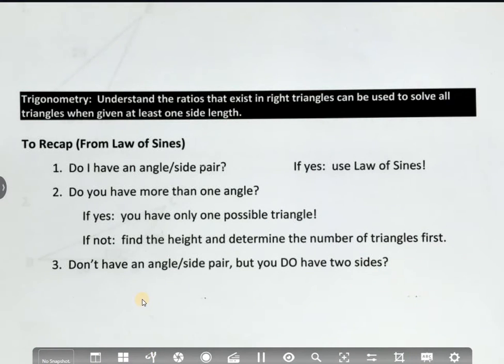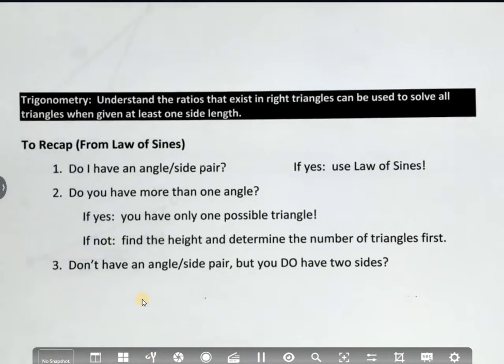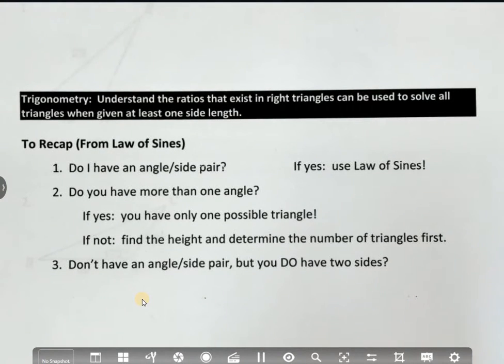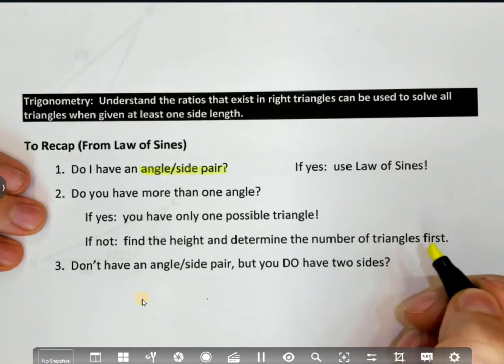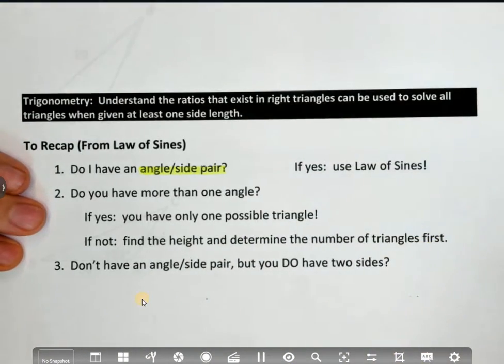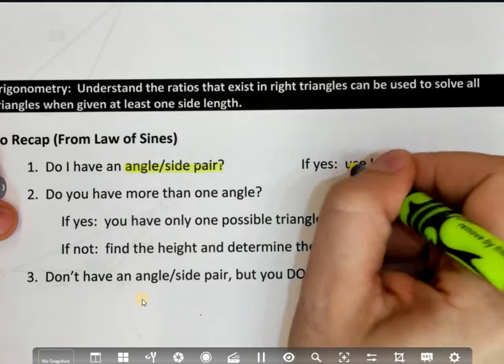All right, so what we've been working on up until now has been solving triangles, and we just finished solving with law of sines. Now, law of sines is great and all, but it only works if you have an angle side pair. If you do have an angle side pair, go ahead, use law of sines. It's nice.